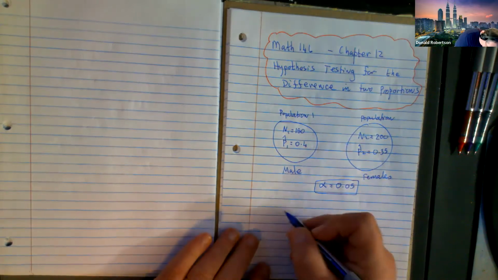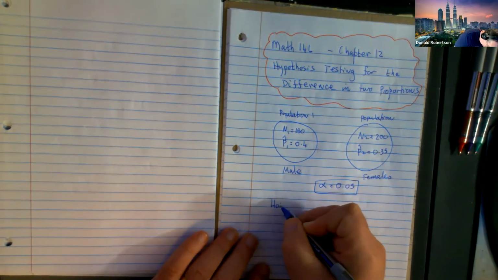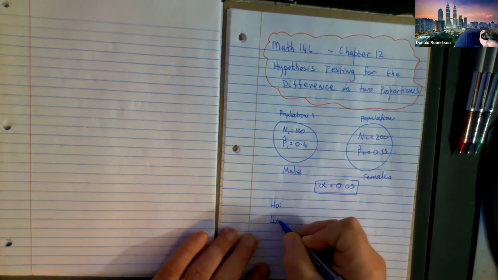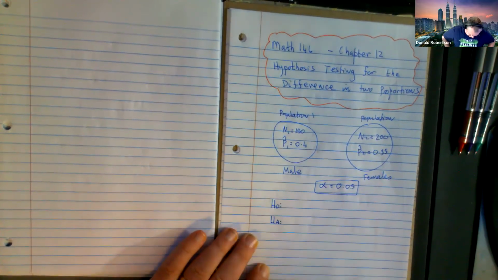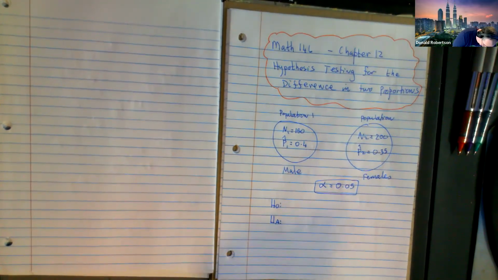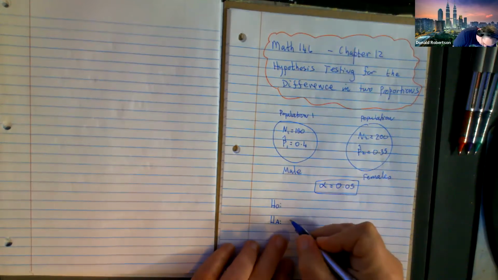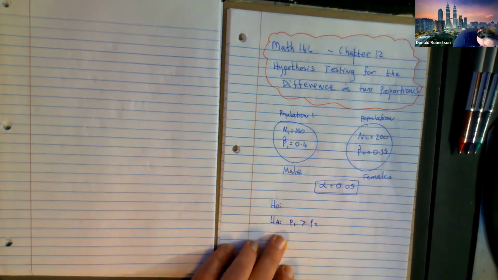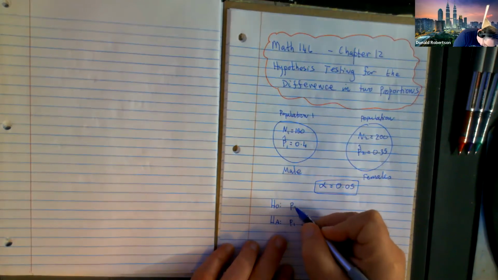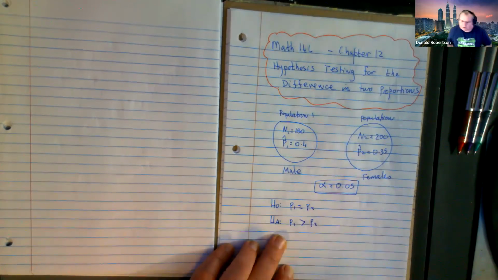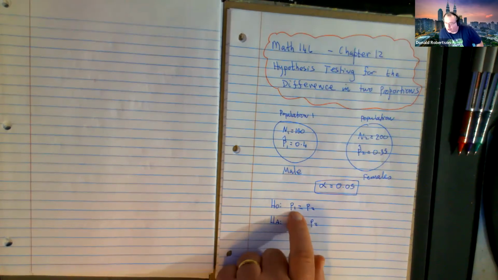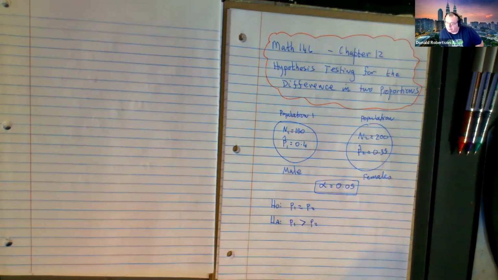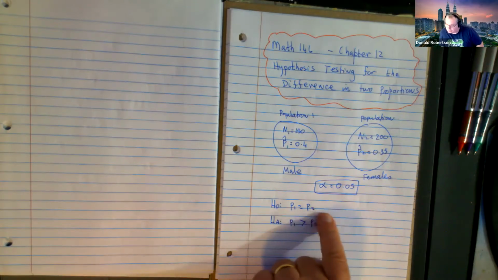So I'm going to test it on this. So we have to set up a null and an alternate. And this time, I want to prove that males is bigger than females. And the null hypothesis is that there is no difference. And the null hypothesis is always P1 equals P2, right? Always equal.